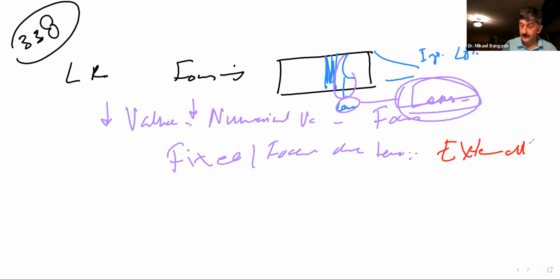So the following questions are going to be focused on focusing. Clear? Let's see, 339. Which of the following focusing techniques is different from the other?